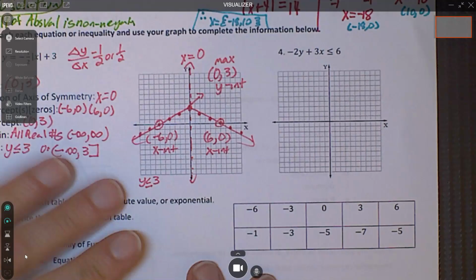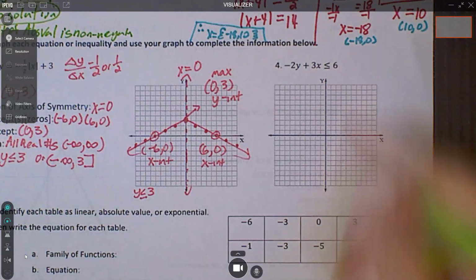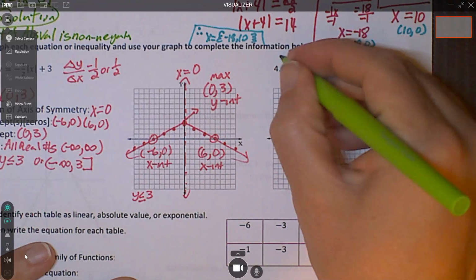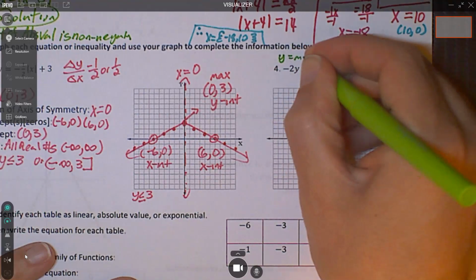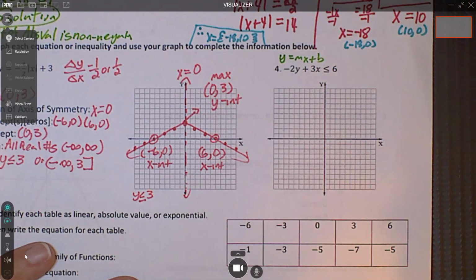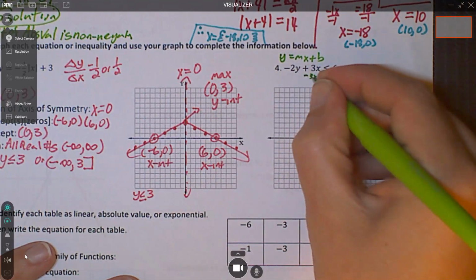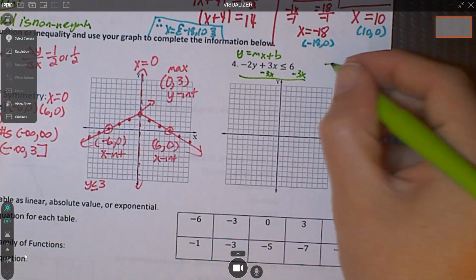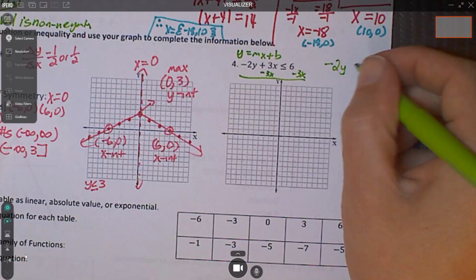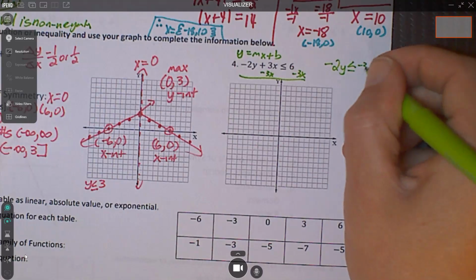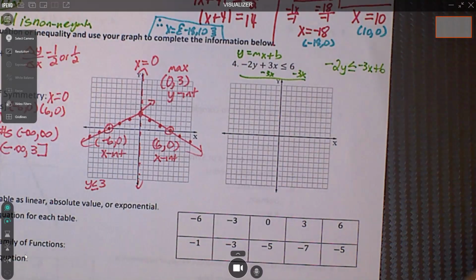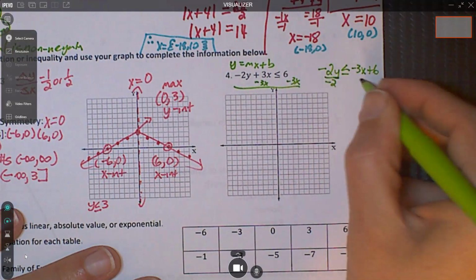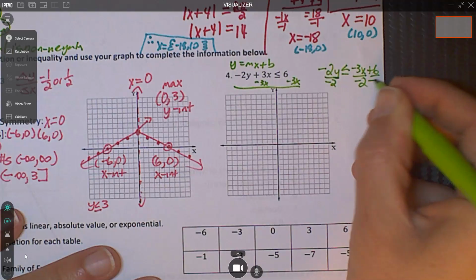Alright, so okay, when you divide by a -2, you've got to do the flipper. It's a flipper.